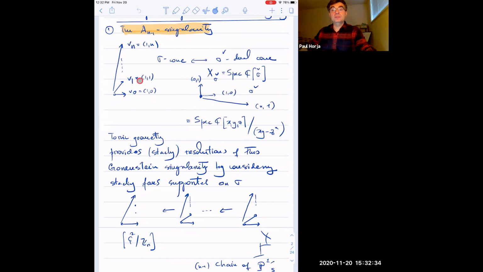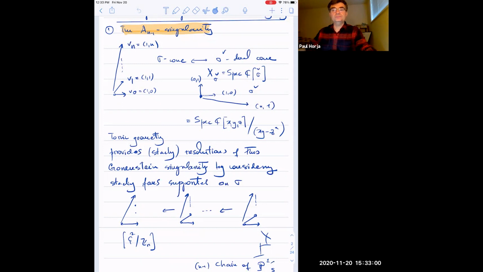If you want to think about it in terms of fans, the way to do this is you take these vectors v0, v1, ..., vn, namely (1,0), (1,1), up to (1,n), and you consider the fan supported on those vectors.